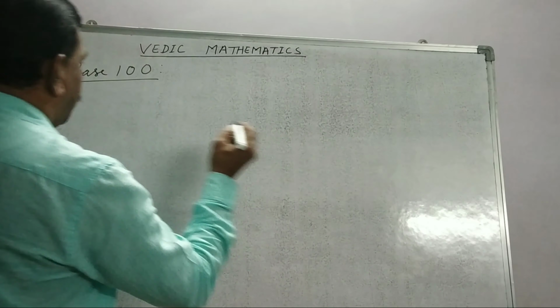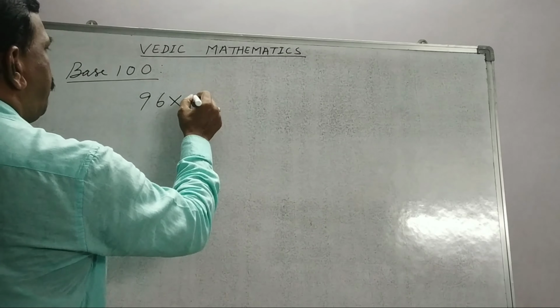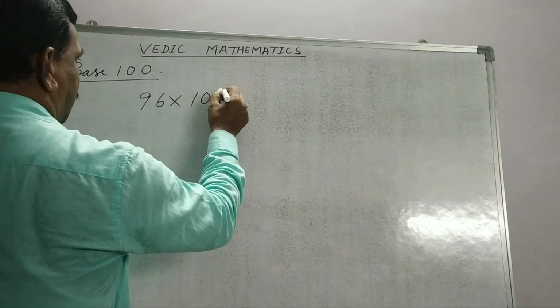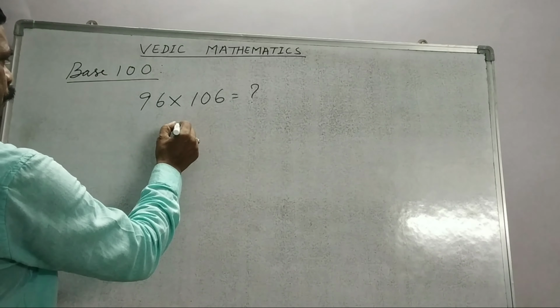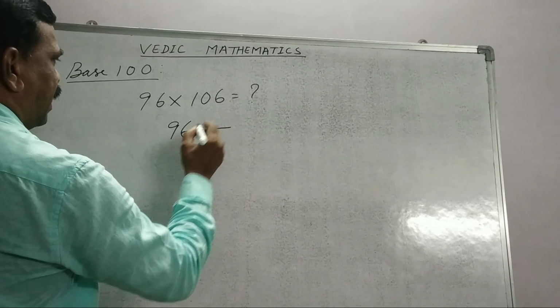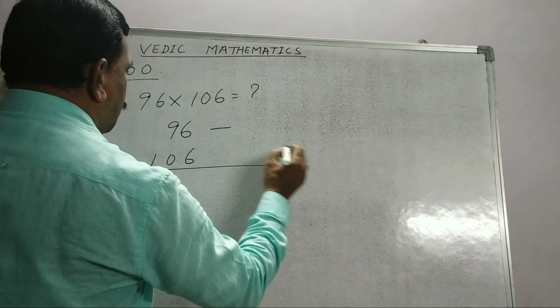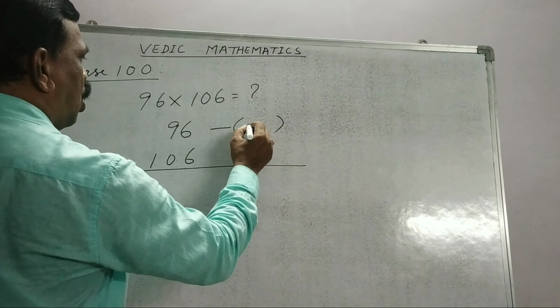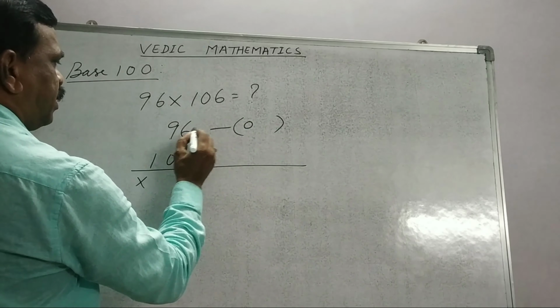Now base 100, let us do this one. 96 into 106 for example. Now we know that we write 96 as it is here, 106 as it is here. We are multiplying these numbers. So here 96 is less than 100. How much is it less than 100? 9 minus 9, 0. 10 minus 6, 4.